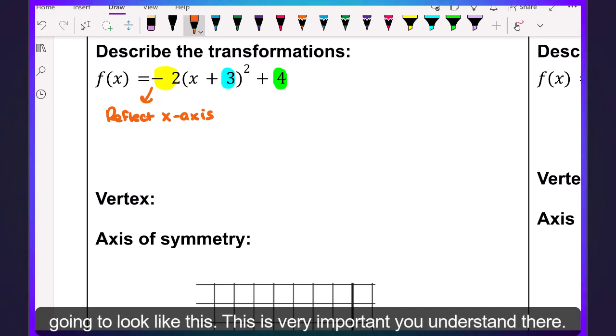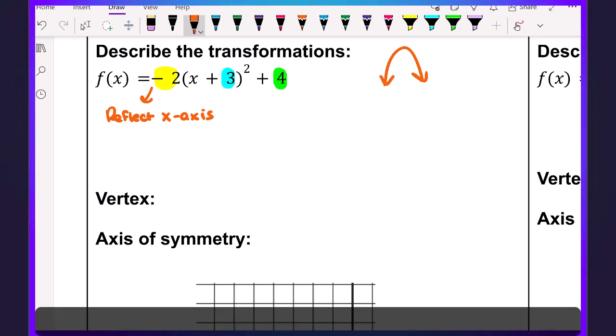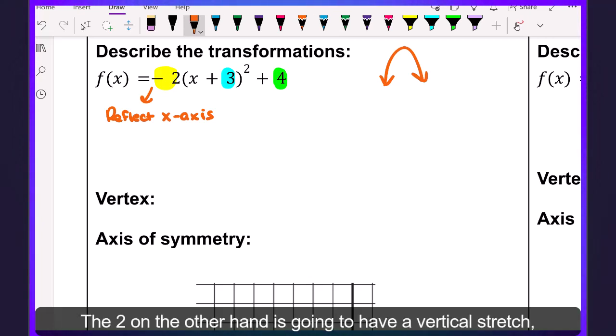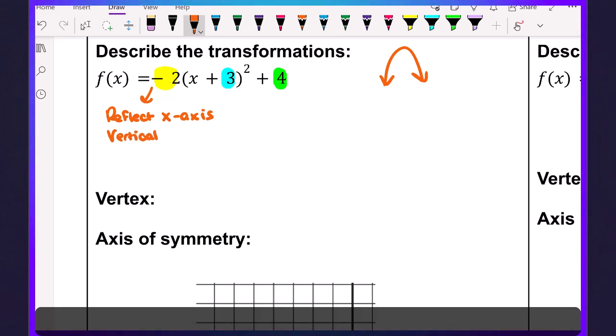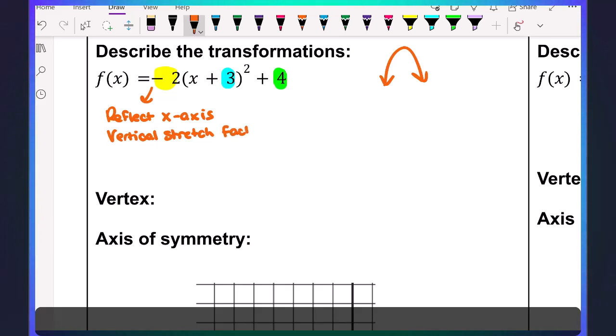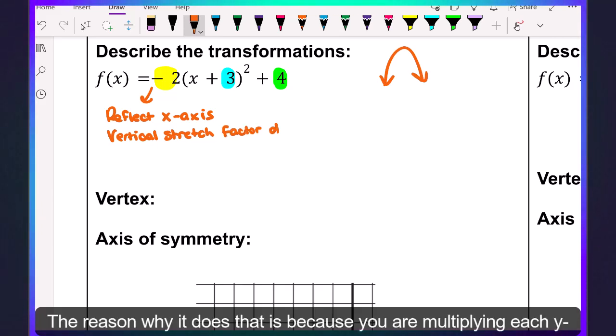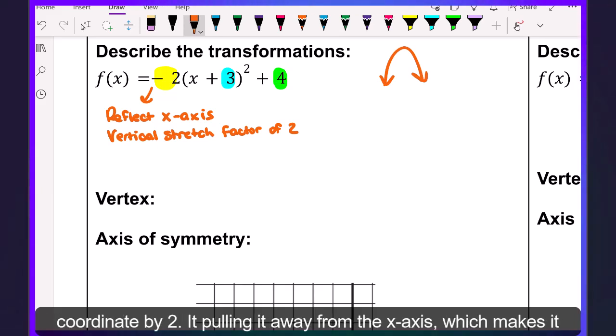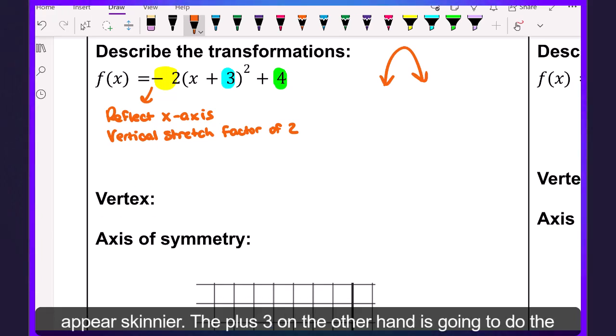So it is going to look like this. This is very important you understand that. The 2, on the other hand, is going to have a vertical stretch, which is going to make your graph look a little skinnier. The reason why it does that is because you are multiplying each y-coordinate by 2. It's pulling it away from the x-axis, which makes it appear skinnier.